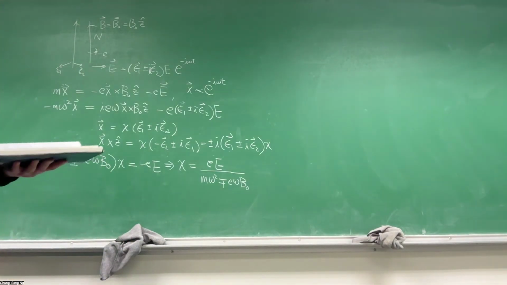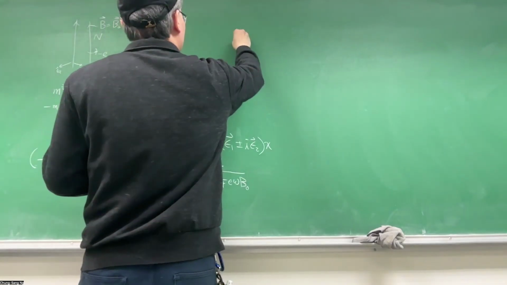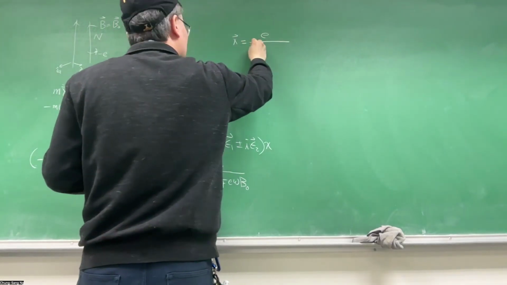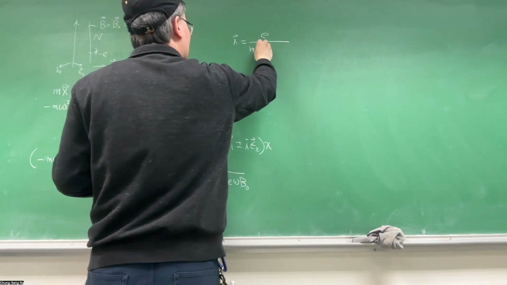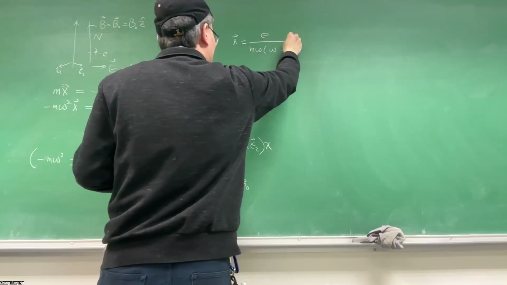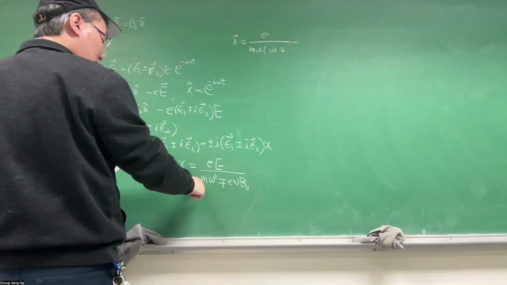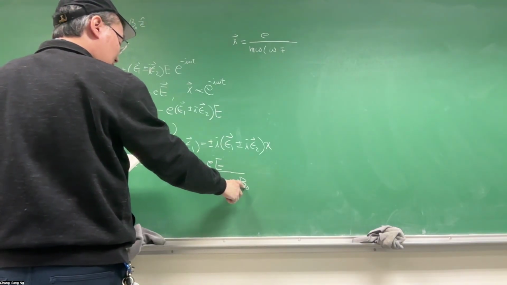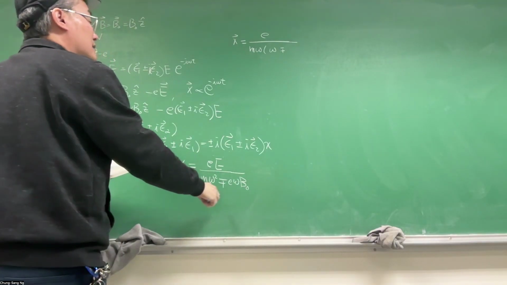Okay, so you can copy that x is e by, as in Jackson, pull out one omega. This becomes omega minus plus, and the rest you pull out omega and m also. So you have e times B0 divided by m.